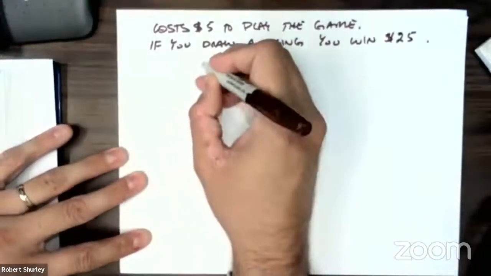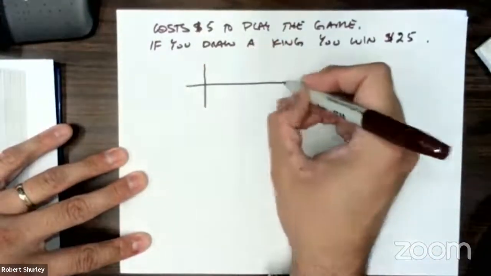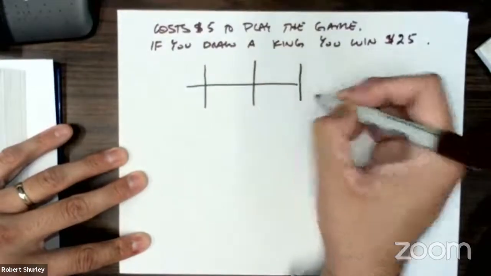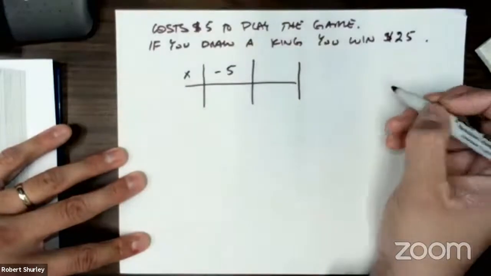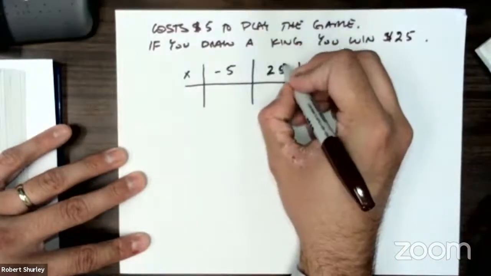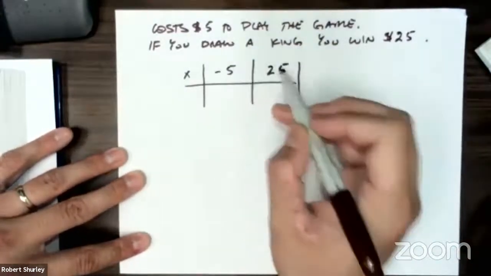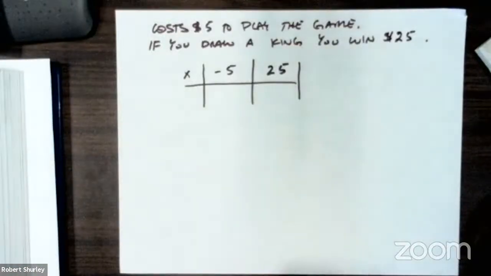So the way you would do the probability distribution, you've got two outcomes, right? You could either lose $5 or you could win $25. So that's your two outcomes. Very discrete, right? Now we have to think of probability here.